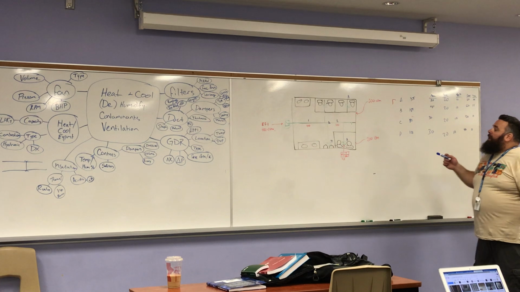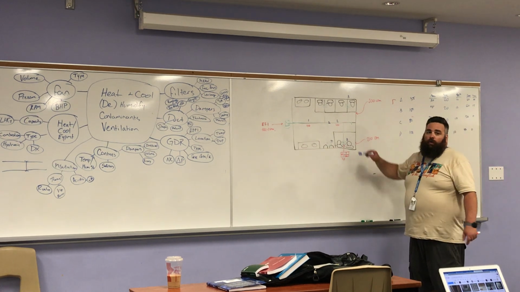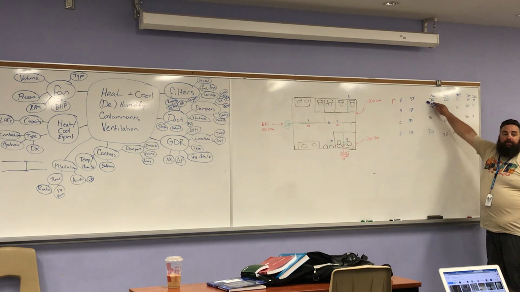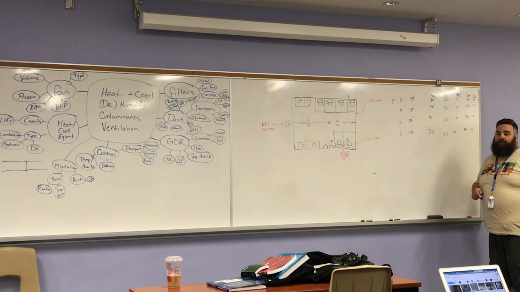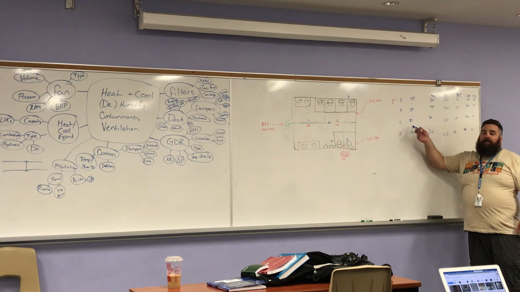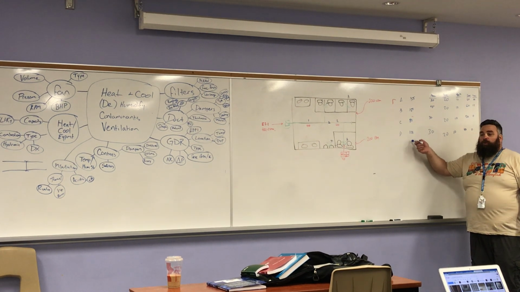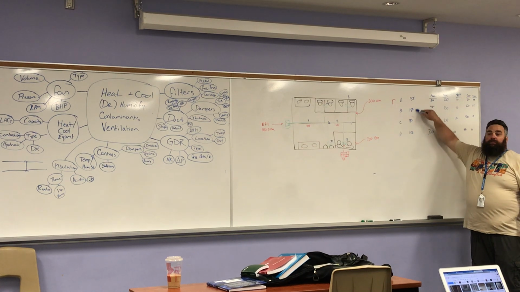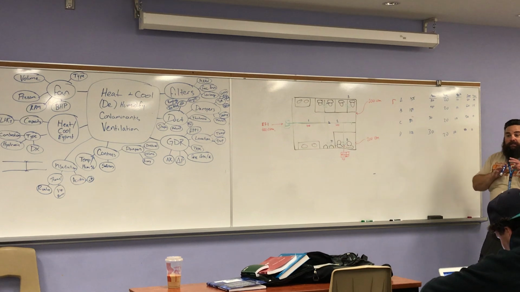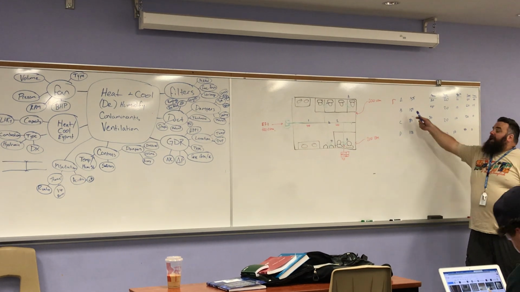And then whatever size we select for the others, depending on the length, they have the same friction. So C and D are fairly short runs compared to these two, right? So C and D could actually have a smaller duct diameter than A and B.